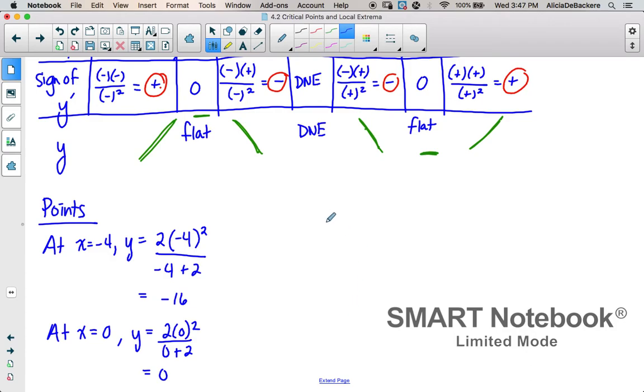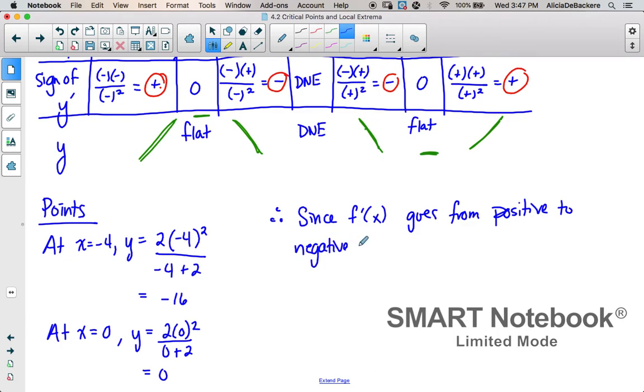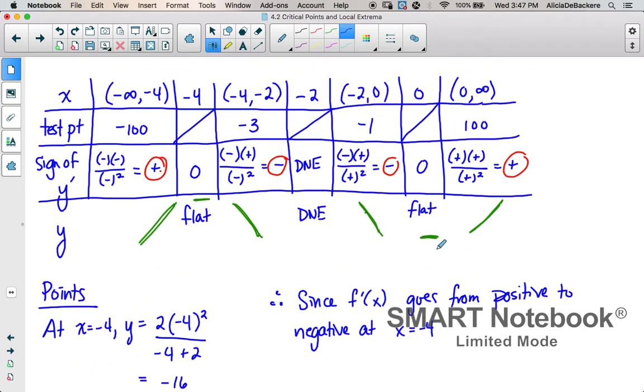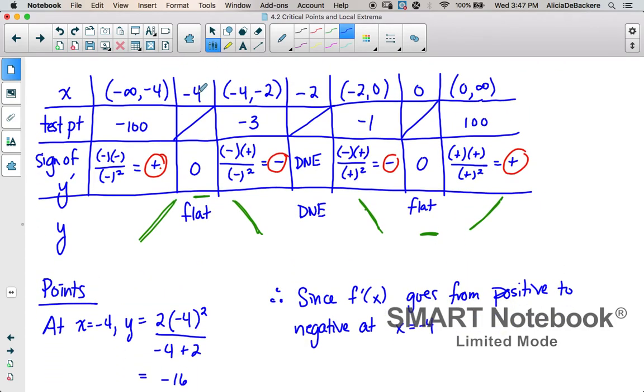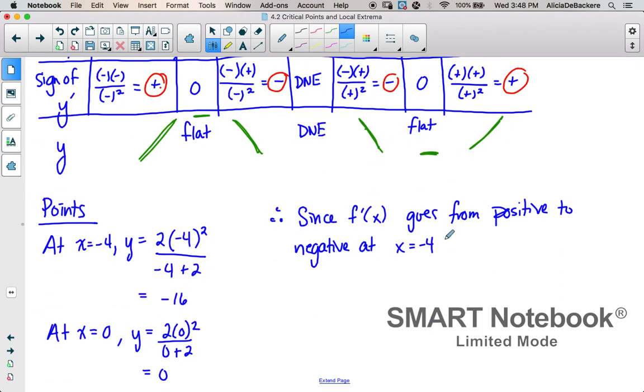So I've got my 2 critical points now. I'll write my conclusion about the maximum and minimum. So I'm looking in the chart here at -4, it's switched from positive to negative, and so that tells me that there's a maximum there.